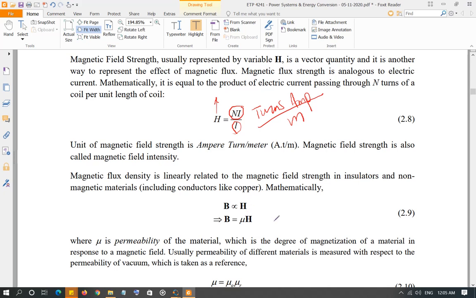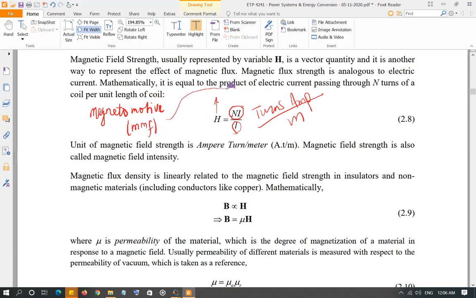By the way, in some problems it will be asked to calculate the magnetomotive force. We have electromotive force and we have magnetomotive force, which we generally call MMF. So what is MMF?